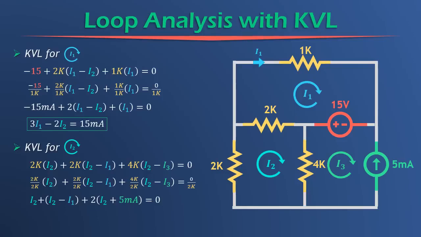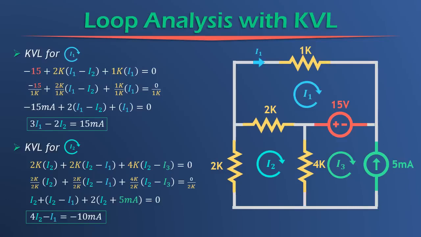So that's why when we have an I3 right here, it's a negative I3. You plug in a negative 5 milliamps, and a negative makes a positive, which is why we get positive 5 milliamps right here. Set that equal to 0, and let's continue our simplification process, and we come across our final equation for the KVL for I2.